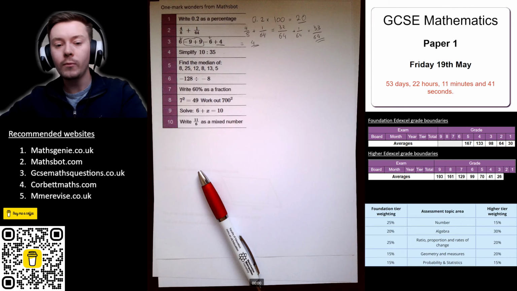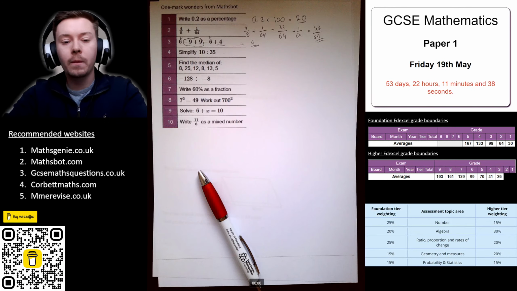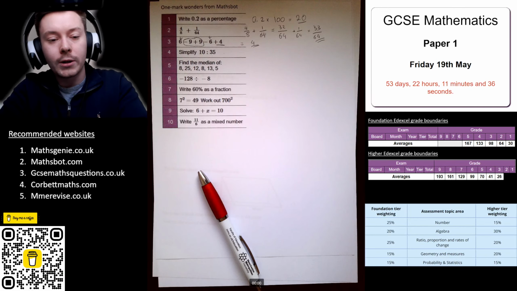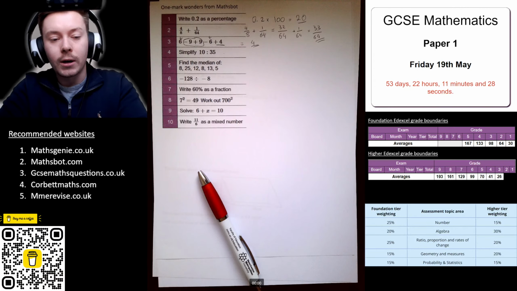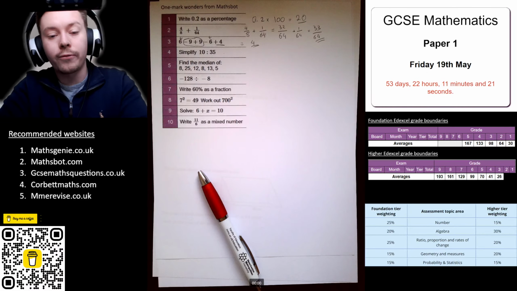Okay, now the next part, 4/8 plus 1/64. Before you can add and subtract fractions, you need the same denominators. So I need to change this 8. I know 8 goes into 64, 8 squared is 64, so 8 times 8, and then I've got to do 4 times 8.